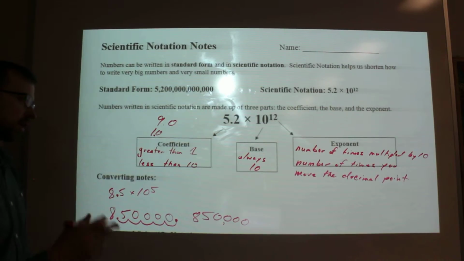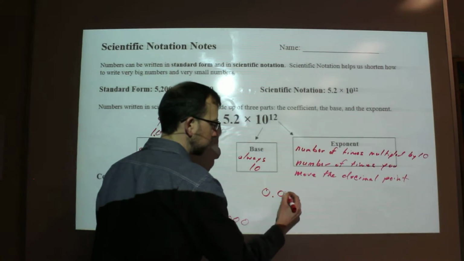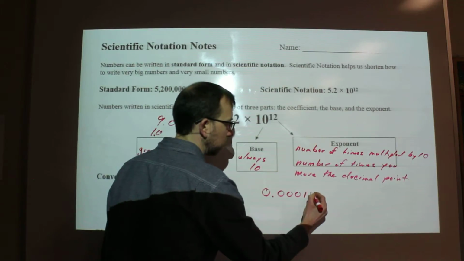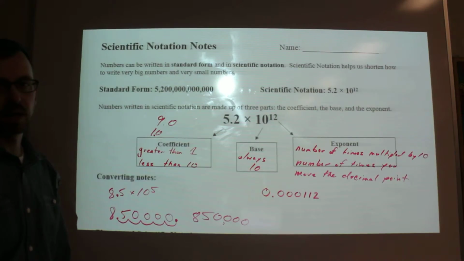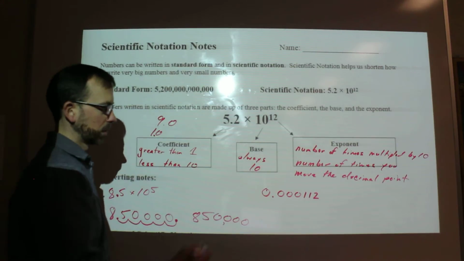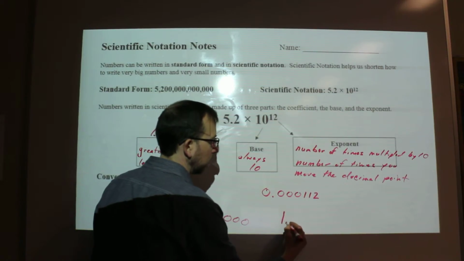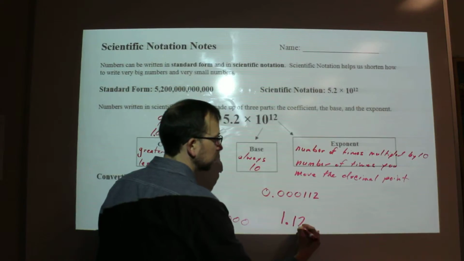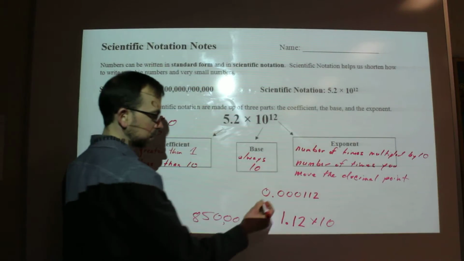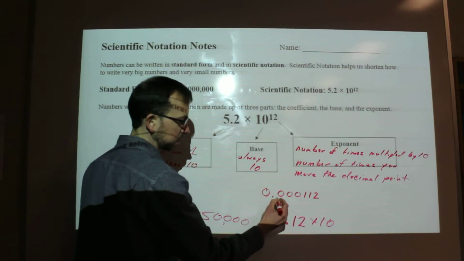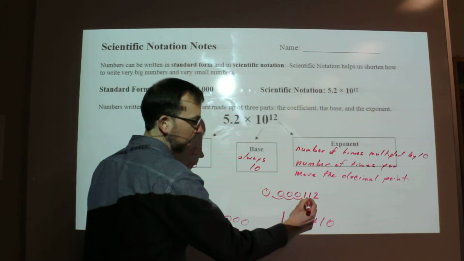So very, very easy. Now let's say we have a small number. So let's say I have 0.000112. A very, very tiny thing. How do you make that into scientific notation? Well, you just work backwards. So we have 112, one digit with a decimal point, times 10, and now let's count how many times we need to move the decimal to get it to this place just behind the 1. 1, 2, 3, 4 times.